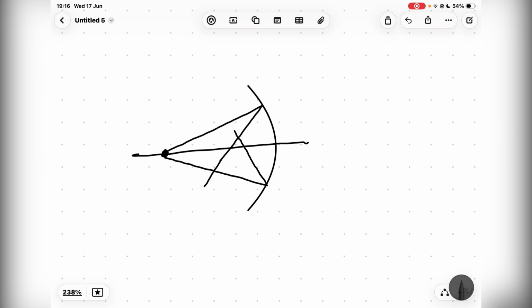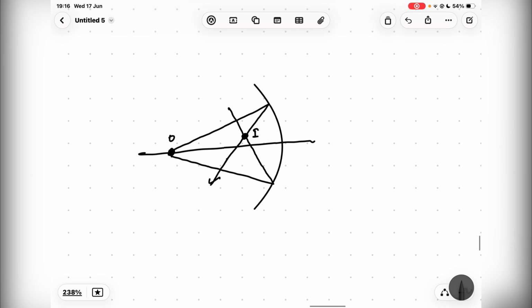This ray will also get reflected, and at the intersection of the reflected rays we will have an image. So if the actual reflected rays intersect, the image will be real.